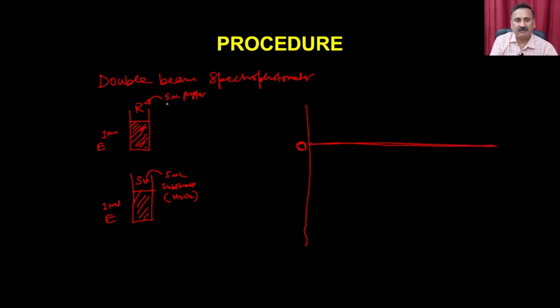Now when you add 5 microliter of buffer into the reference cuvette and 5 microliter of substrate into the sample cuvette, if the substrate is interacting with the enzyme, it is going to show you a dip.